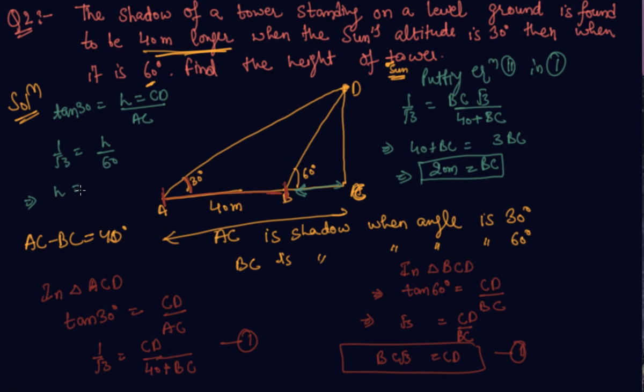So I can write this as 60 by root 3. If I solve this, multiplying by root 3 upon root 3, it comes out to be 20 root 3. So the height of the tower is 20 root 3, students.